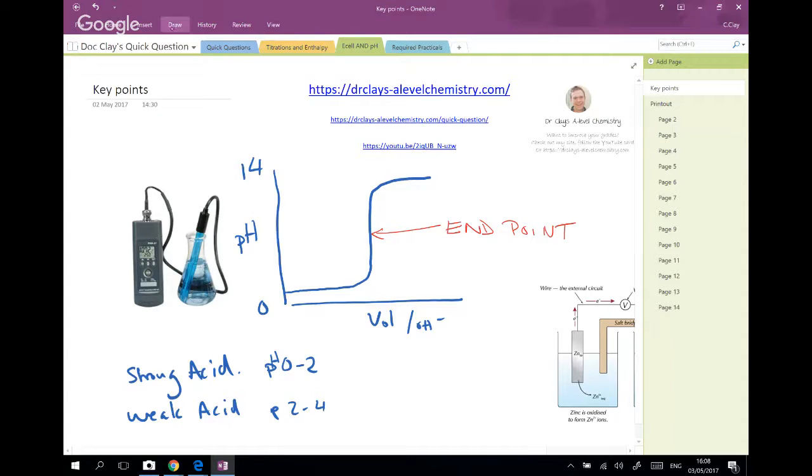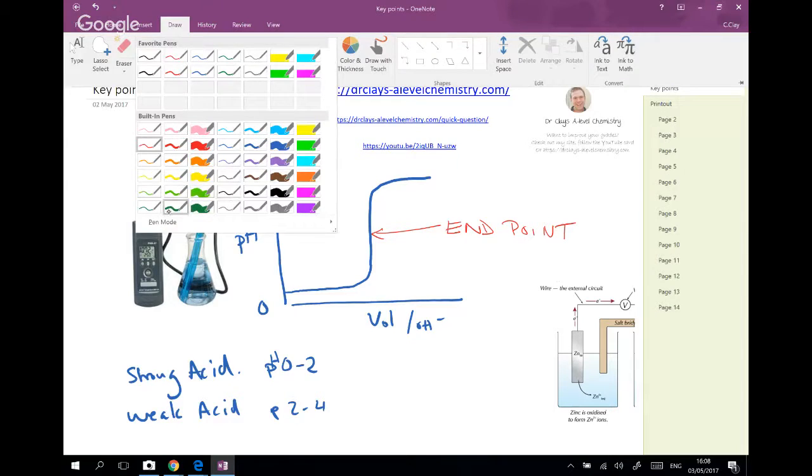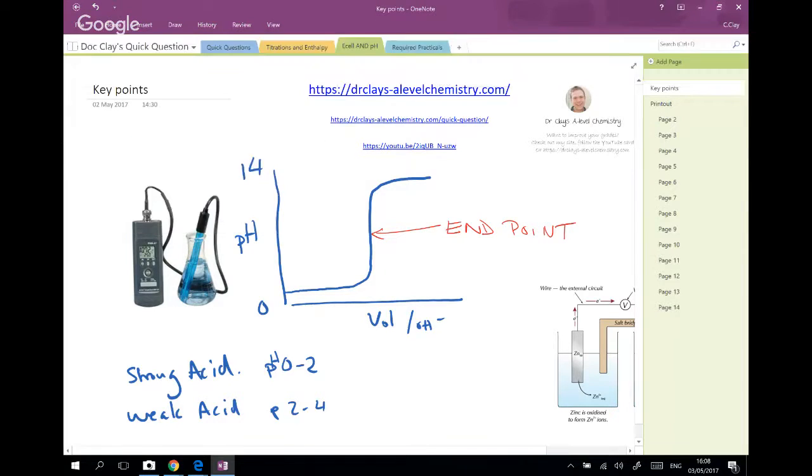Now if we move over to a weak acid, well, we see a slight change. I'm going to add our change here in green, and we would end up here with a curve where the start is characteristic, and we get an initial curve which looks like this, and then we get a change, and we follow then the same pattern as we had before.